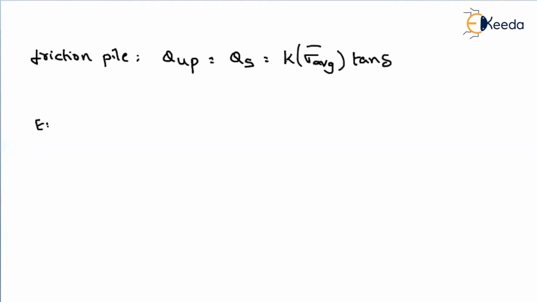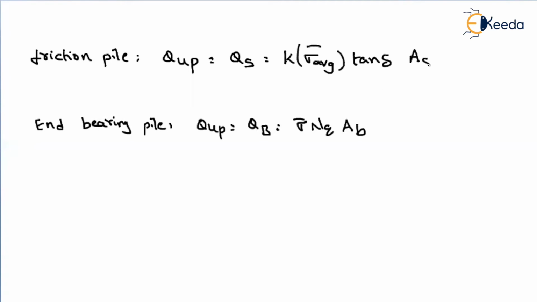Suppose it is an end bearing pile, what will be the ultimate capacity of the pile? That will be equal to QB, the end bearing resistance, which can be written as sigma bar into Nq into the end bearing area. Sorry, here we forgot to write down the surface area.